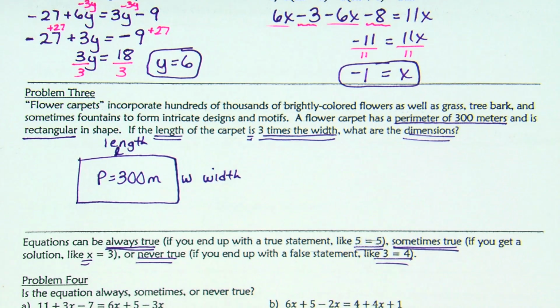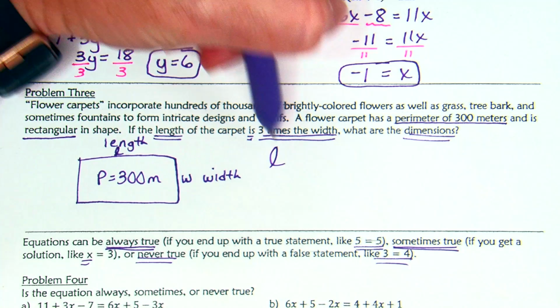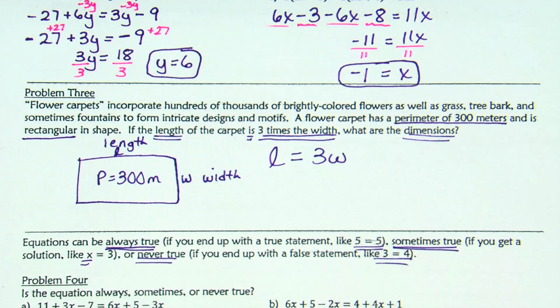Length is, so I'm going to say length equals what? 3 times the width, so 3W. That means instead of using L for length, what am I going to use? I'm going to use 3W as the length. So we can still use W for width, but instead of using L for length, we're going to use 3W.